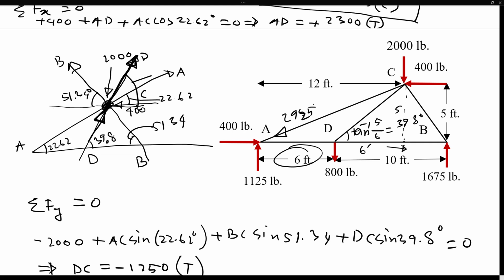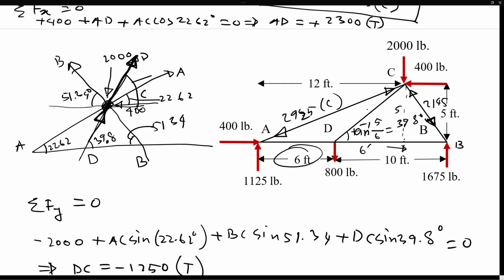We found 2925, that was the AC force, it is in compression, and here the direction is shown like this. For example, this BC force is also in compression, so here the direction will be in this direction, and at this B point the direction would be in this way. I think this force was 2145.